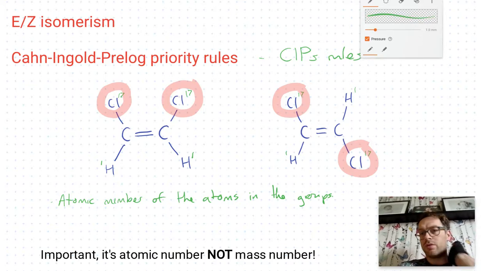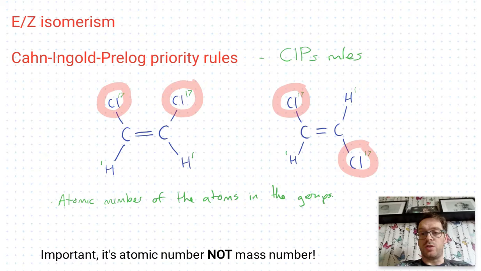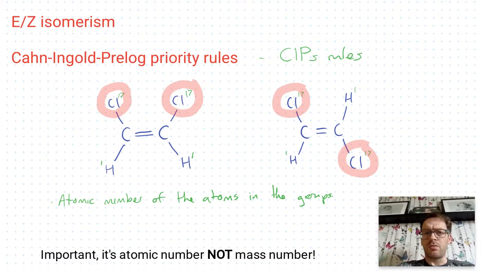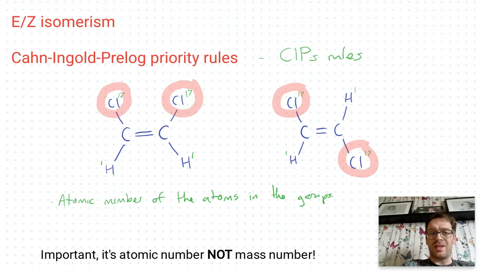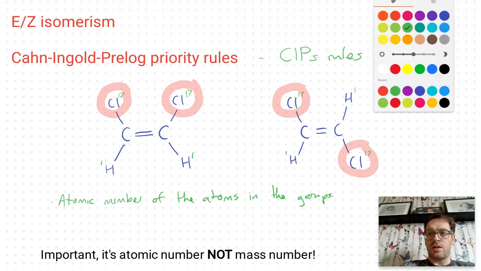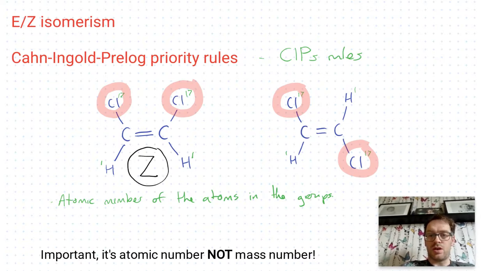Once you've got your priority groups, we can then decide which one is E and which one is Z. If you've got the priority groups on the same side, then you are dealing with the Z isomer. And if you've got them on opposite sides, you are dealing with the E isomer.